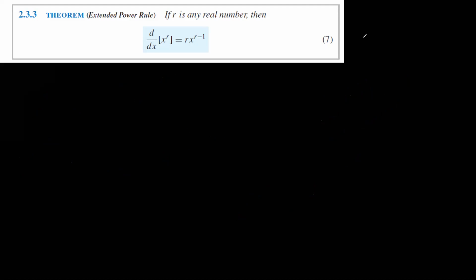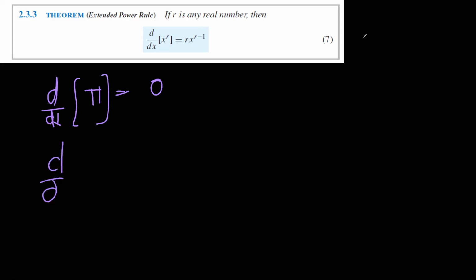Now, here, if you have the derivative of pi with itself, pi only, pi alone, the answer is 0 because it's a constant. But if x raised to the power pi, here, no, I will not say 0 because it's a number like x squared and x cubed.